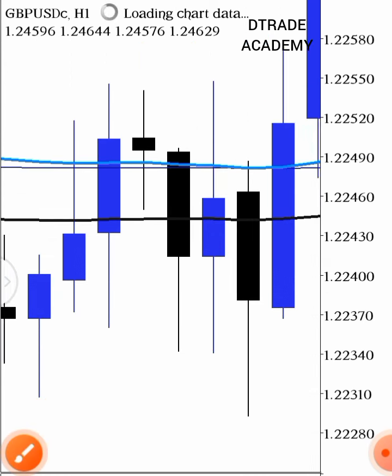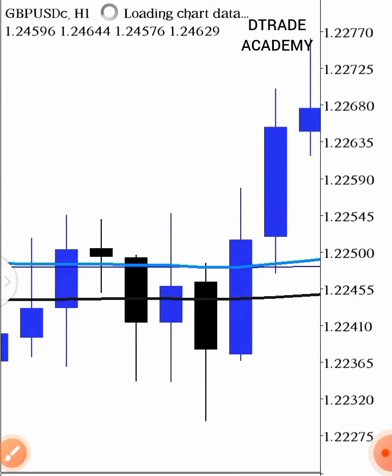Now let me show you where we have imbalance. We always make use of 3 candles. This is the first candle, this is the second one, and this is the third one. Always look at the first one and the third one. Look at the wick of the first candle, then mark the third one. You can see the little space there.